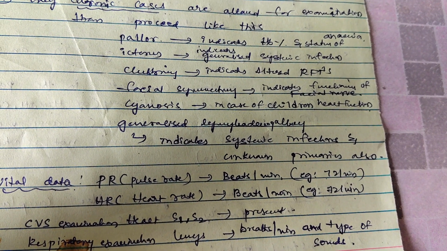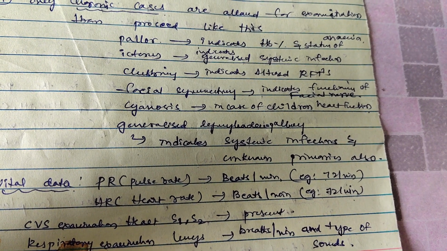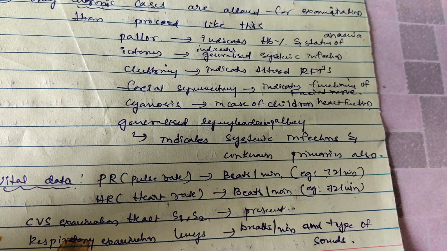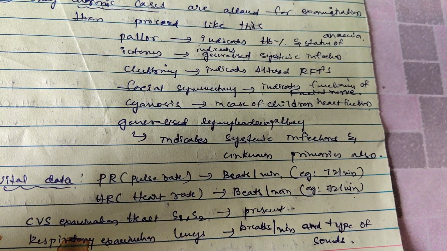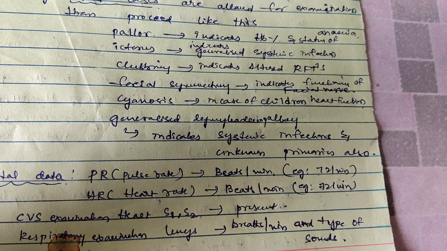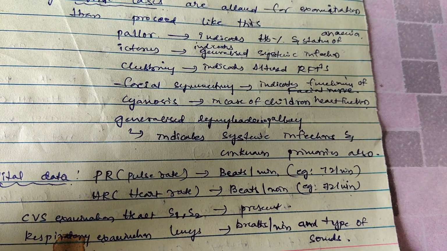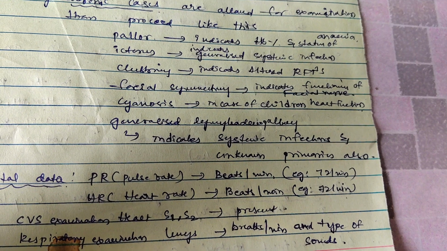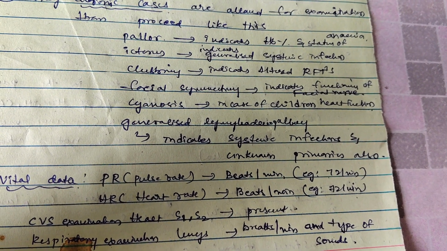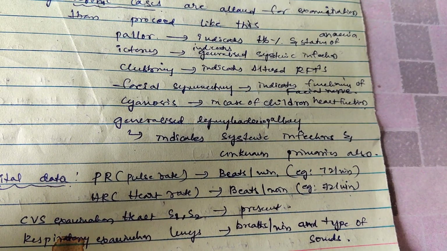Altered breath sounds may indicate respiratory system problems. You may have ventilation, perfusion problems and all. You have to go for special investigations depending on the type of sounds. What is the type of sounds? You can recollect. You are fresh from the second year, more than me. The types of sounds are adventitious sounds or normal breath sounds.